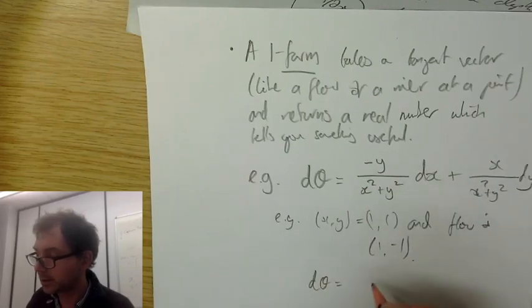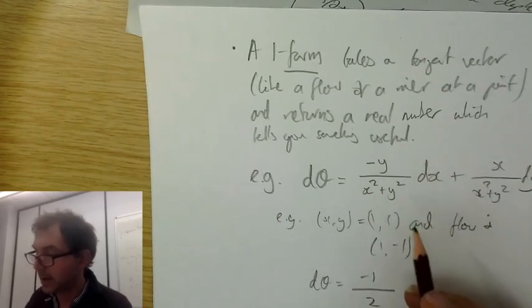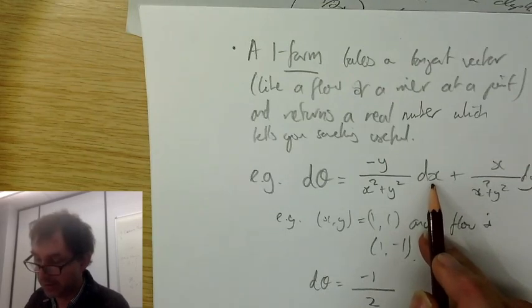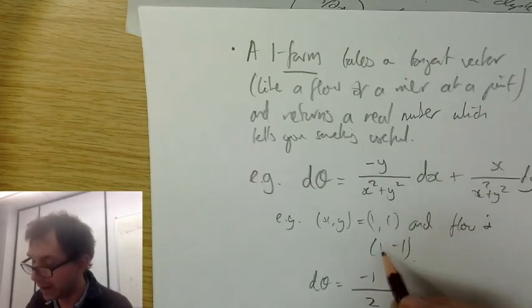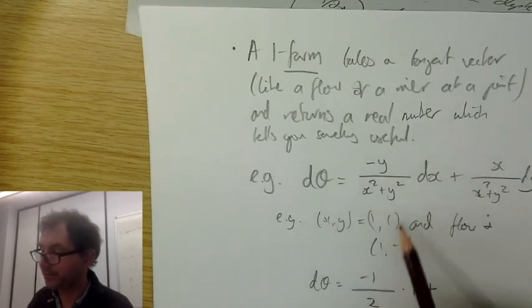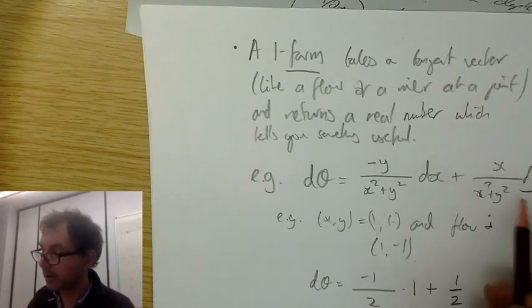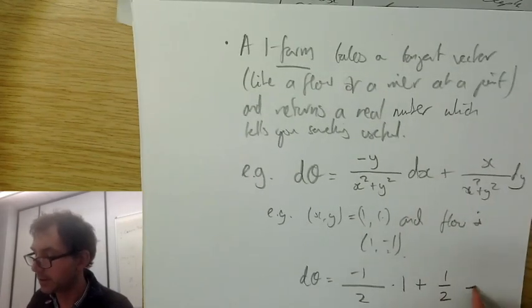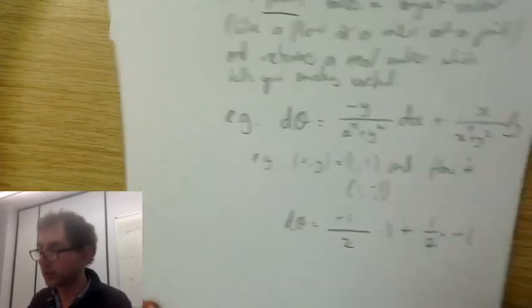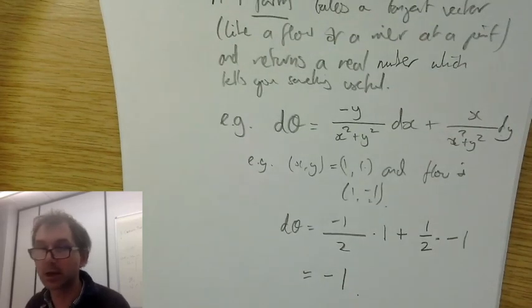So d theta is then going to be minus 1 over 2 dx, which is telling you you should just take the x component of the tangent vector that we've got, so that's 1, plus, and if I take 1 here, then I get 1 over 2, and then this dy tells me I take the second component of the flow, that's a minus 1 again. So at that point, I get d theta, which is a quantity telling me how quickly the angle is changing, and it's minus 1.